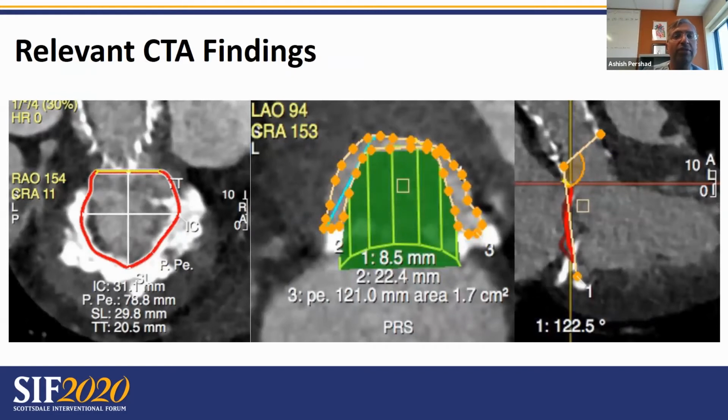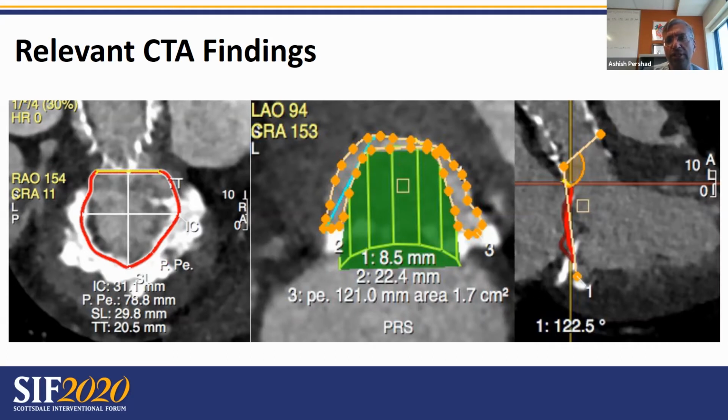And this is her relevant CTA. As you can see in the left panel, she has what we call dense mitral annular calcification, which is quite circumferential from trigone to trigone with minimal involvement of the leaflets. There is a borderline neo-LVOT with implantation of the circular Sapien 3.